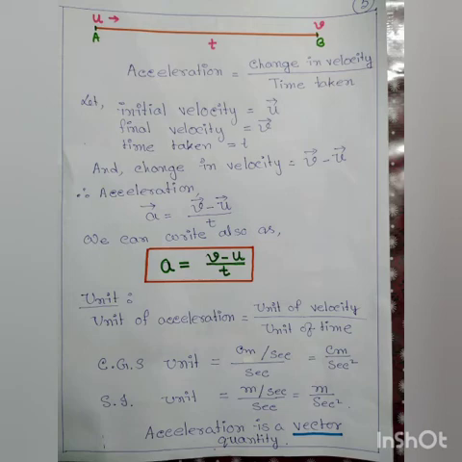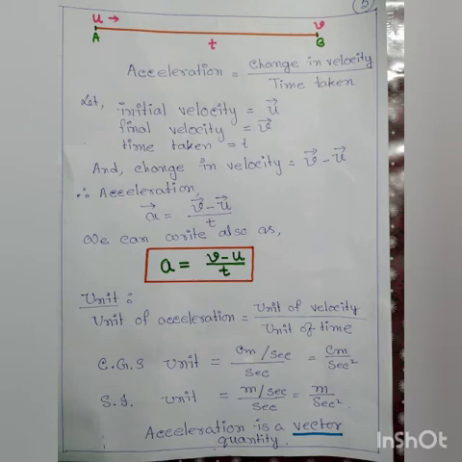Therefore acceleration, which we denote by small a, is equal to v minus u by t. Now we can neglect the vector sign and write the same relation as a equals v minus u by t. This is the mathematical expression to find the acceleration of any moving object.